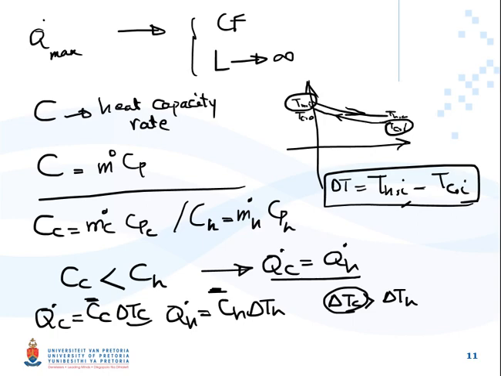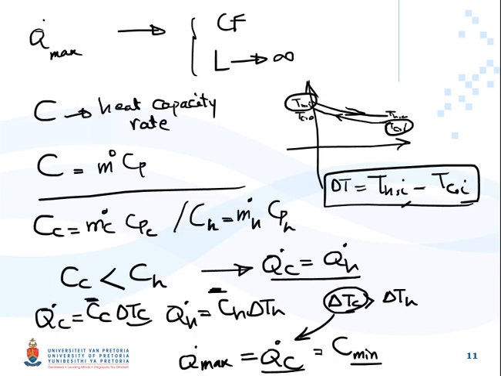So Q dot max here is equal to Q dot C. Okay, but you might say that Q dot C, so basically then it is C minimum.